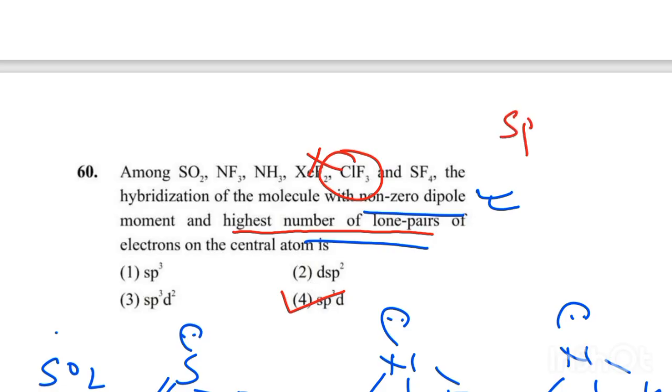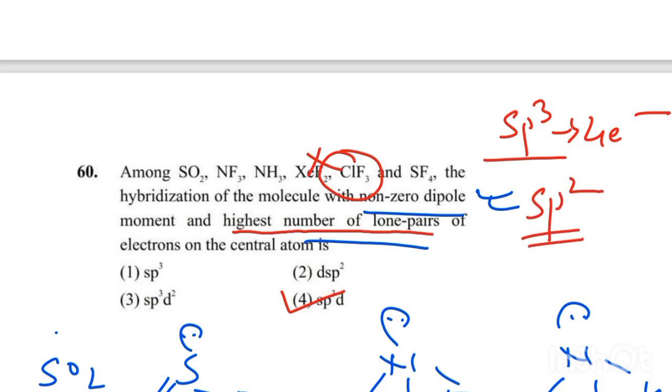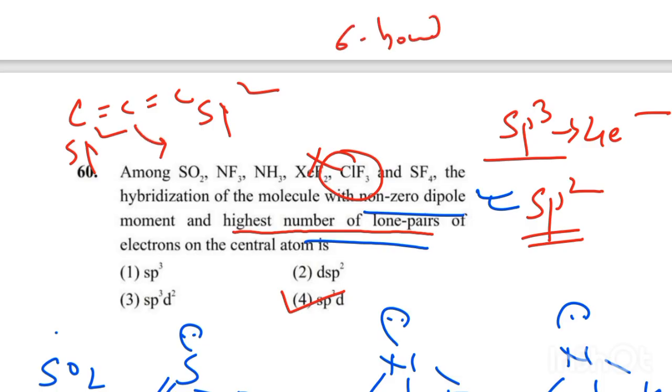In hybridization also we know that if there are 4 electron pairs, hybridization comes out to be sp3. If there is a double bond, maximum chances are of sp2. Suppose some molecule is like this, so the double bond will be sp2. For the central atom, we have to calculate the number of sigma bonds.